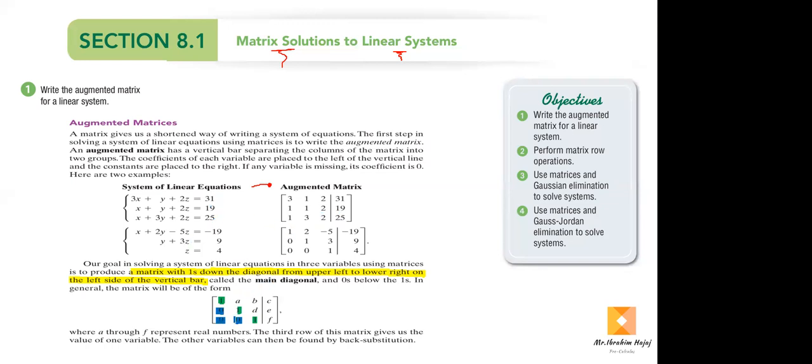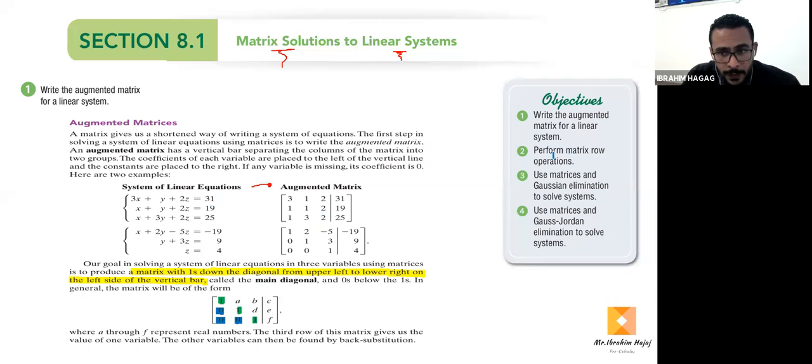Then you have to work using the row operations to make the main diagonal. This is the main diagonal. All elements should be ones, and below these ones should be zeros.